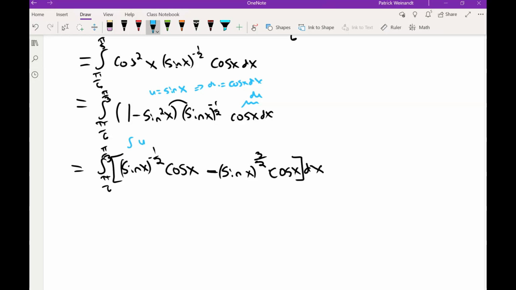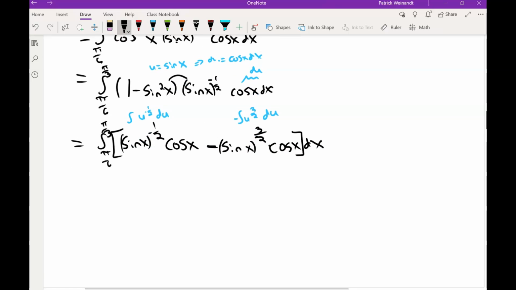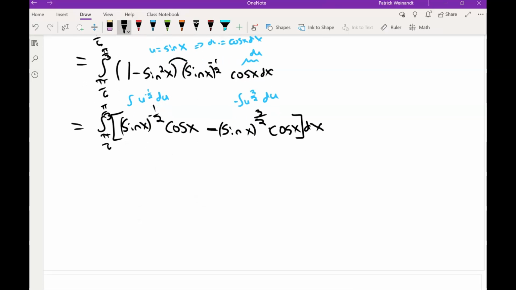This is going to be u to the negative 1/2 times du, minus u to the 3/2 times du. Remember that there's this dx being multiplied technically to each of these. Because if u is sine of x, well, this is going to be negative integral of u to the 3/2 du. So we got it to look like that, and now we can just apply the power rule here.